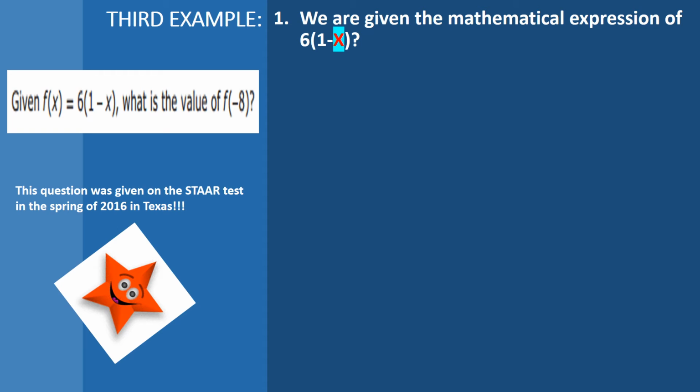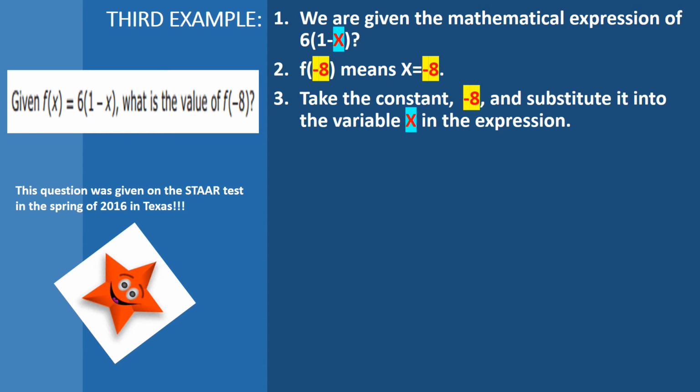First, if we look at the problem, they give us a mathematical expression, 6 times 1 minus x. Next, we remember that f of negative 8 simply means that x is equal to negative 8. So we're going to take the constant negative 8 and substitute it into the variable x in the expression. So here's our constant, negative 8.